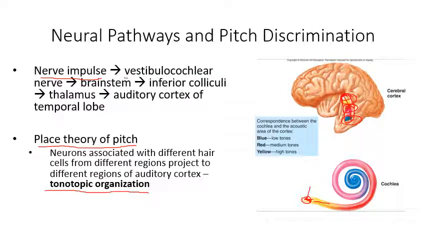They're going to travel to the vestibulocochlear nerve. But ultimately, where does all good sensory information go to? We already talked about the thalamus. We get the information to the thalamus, and then the thalamus is going to send that information out to this auditory cortex in the temporal lobe. Depending on which region is getting stimulated, can give us association of pitch.